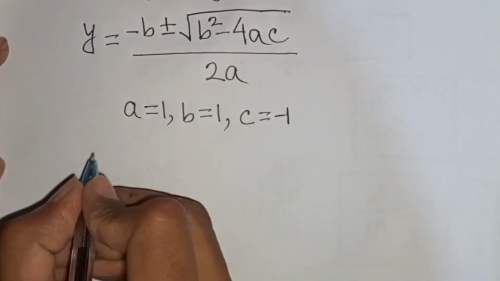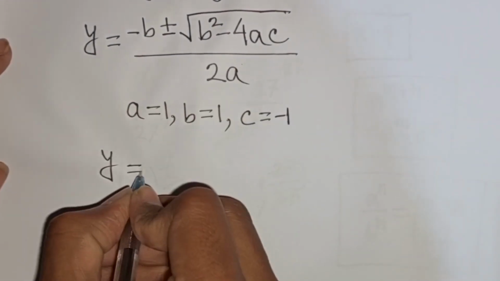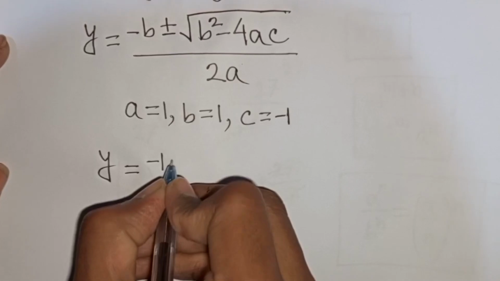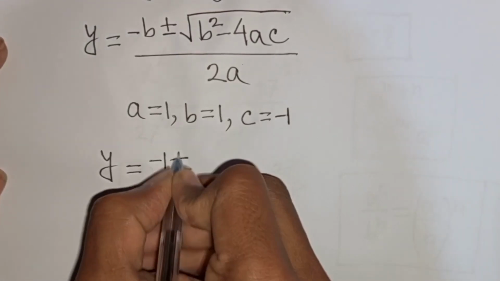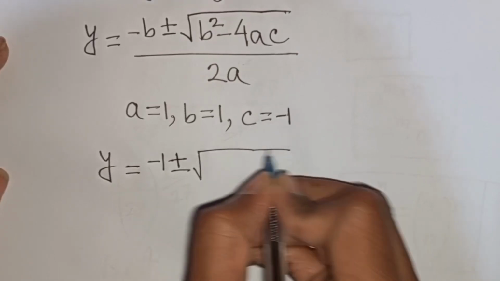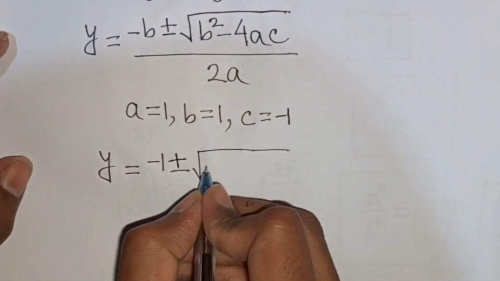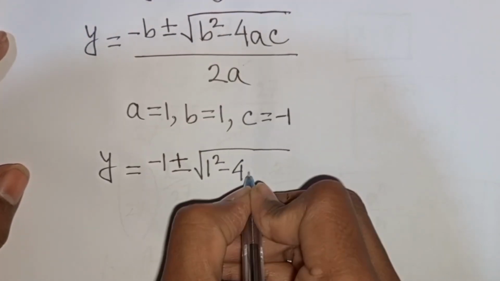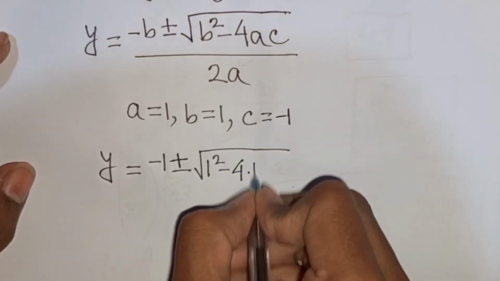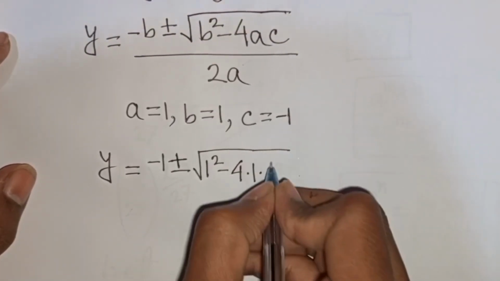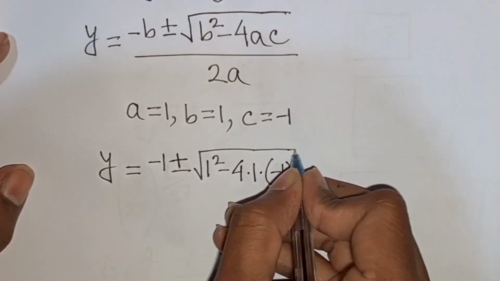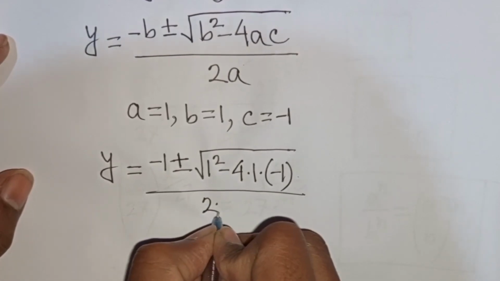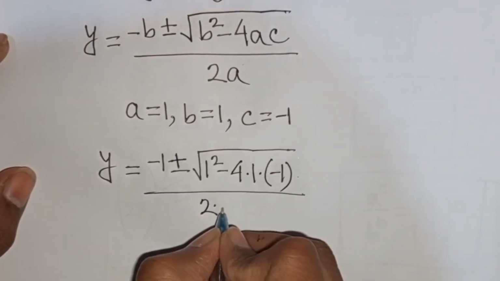Now we can write here y will be equal to minus b, that means 1, then plus or minus square root of b square, that means 1 square, minus 4 times a, that means 1, times c, that means negative 1, divided by 2 times a, that means 1.